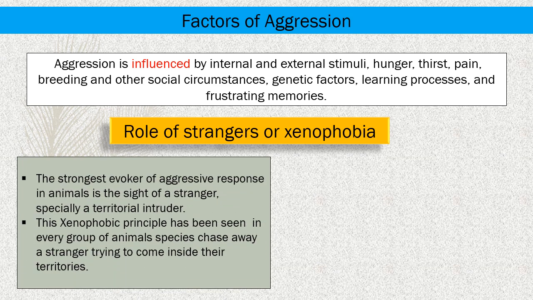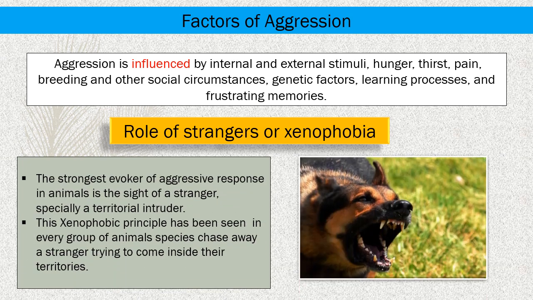First one, role of strangers or xenophobia. The strongest evoker of aggressive response in animals is the sight of a stranger, especially a territorial intruder. This xenophobic principle has been seen in every group of animals; species chase away a stranger trying to come inside their territories.